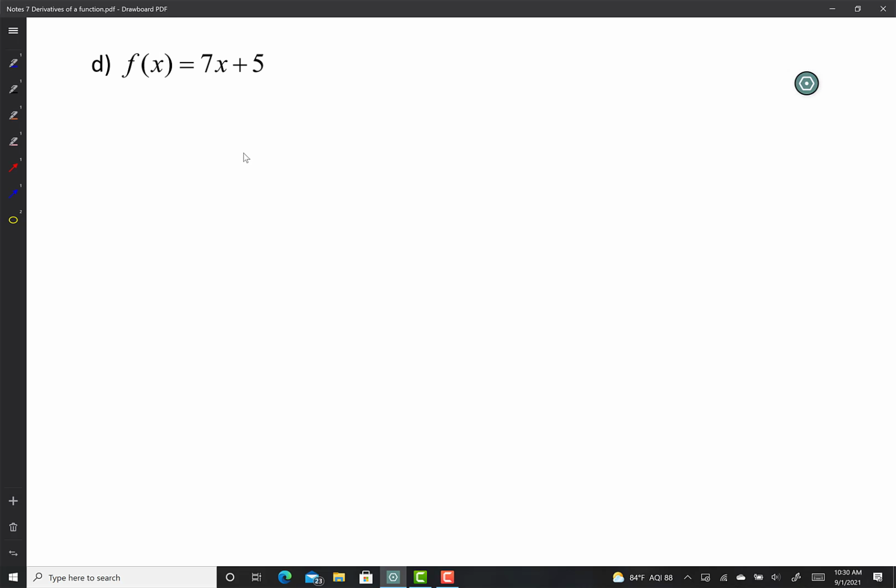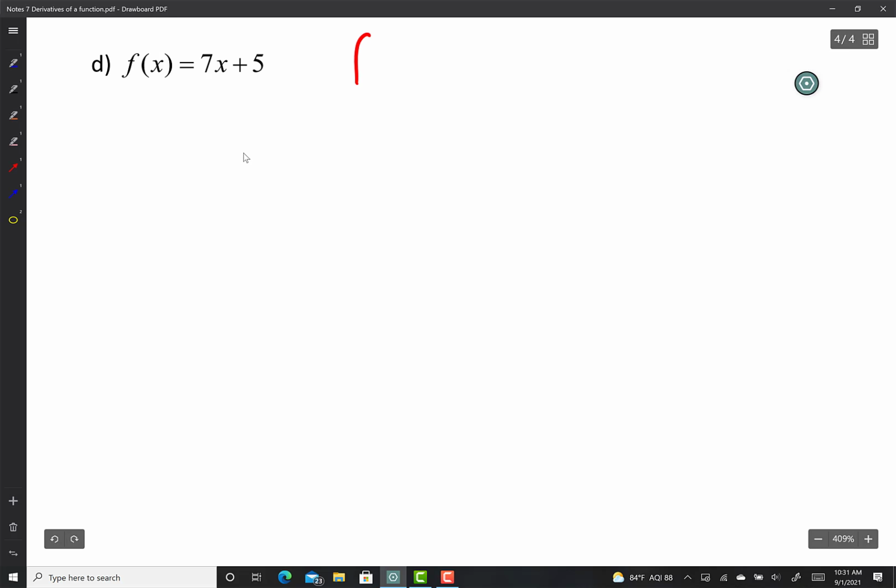Not 7x. Just 7 everywhere, because I have a linear line of 7x plus 5. That slope is 7 all the time. It does not change. So no matter what x value you're at, the slope of the tangent line is always going to be 7. Do you guys see that? So I'm going to continue doing my formula, and it should not be a surprise that we get a 7. So let's make sure that we're not robots.